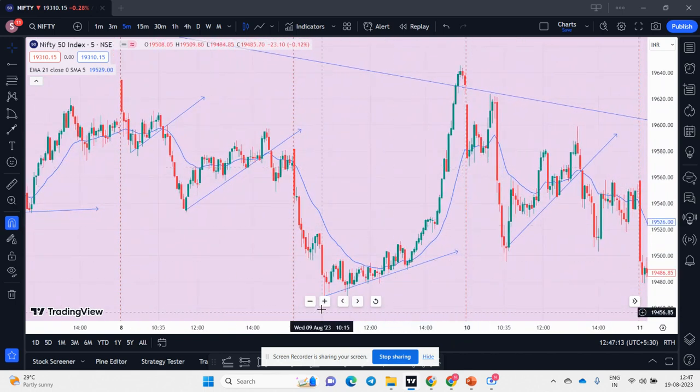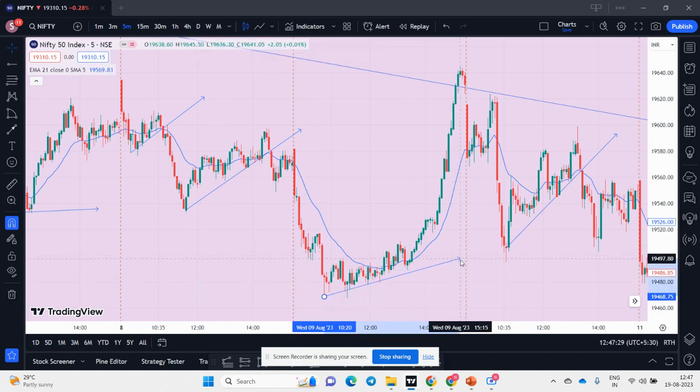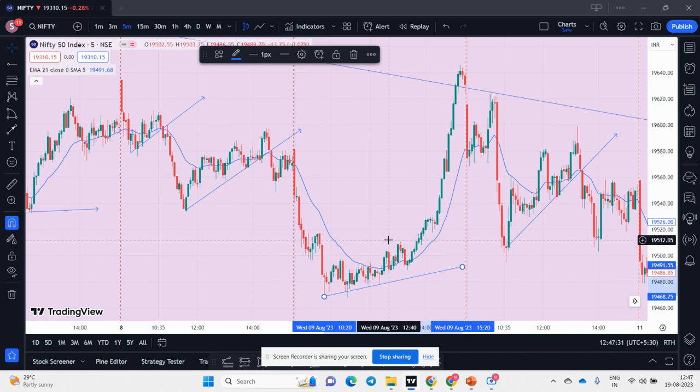For example, you can see it came so much down, and it has given one swing, two swing, three swing. It went up to above the moving average, but it could not clearly close below this one. So in that case, we can wait for the last swing getting broken after the three swings.